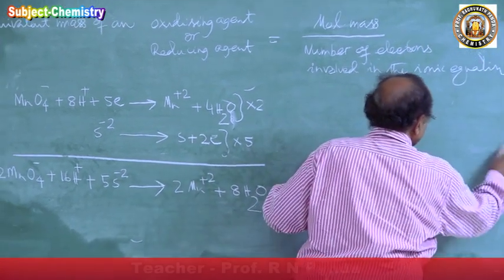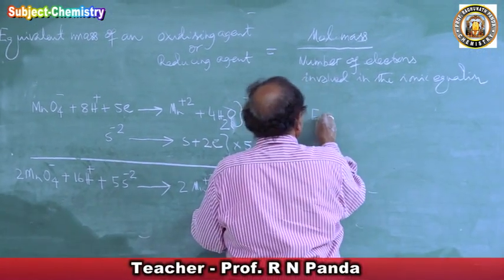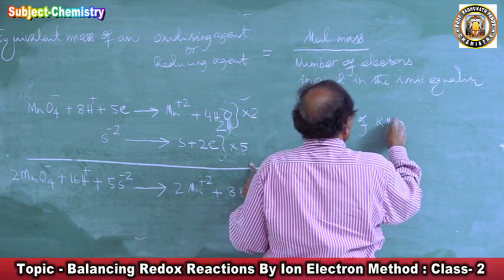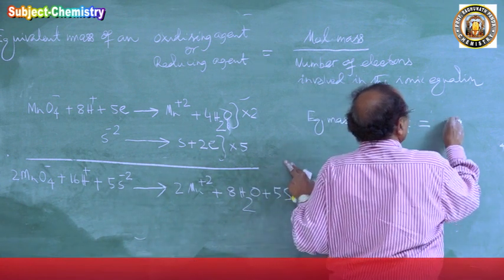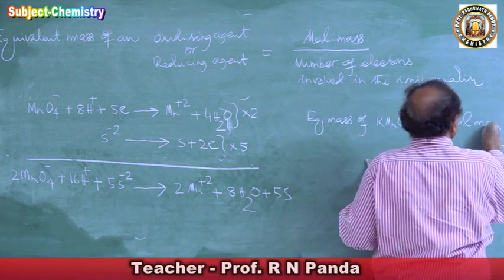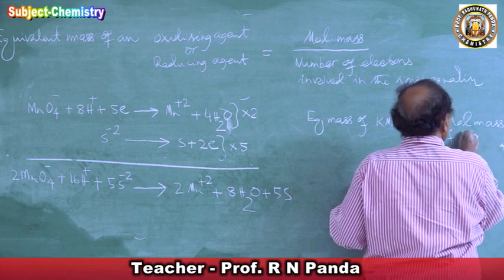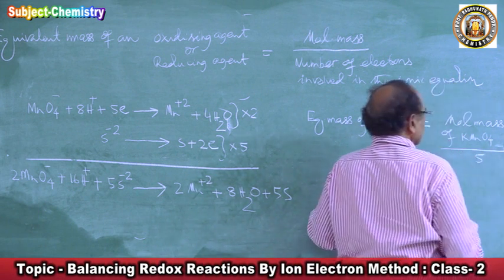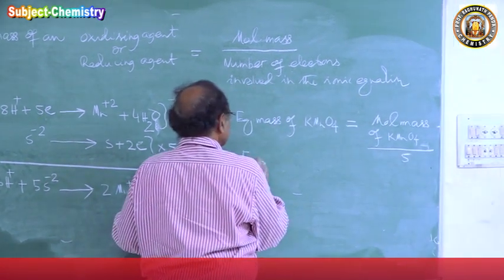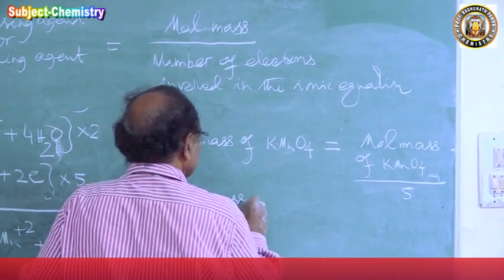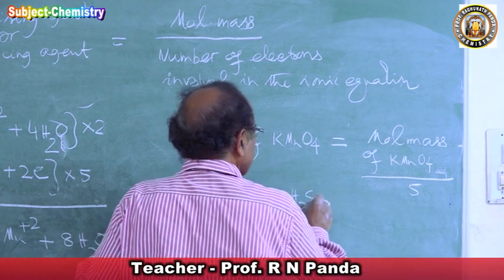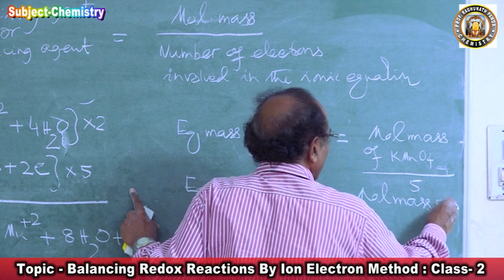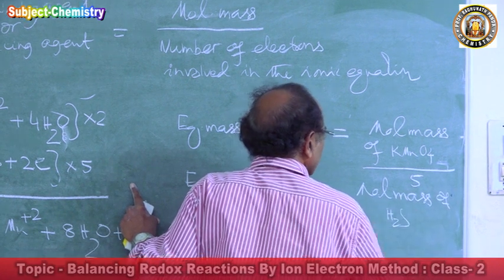So we'll say that the equivalent mass of KMnO4 is the molecular mass of KMnO4 by 5, and the equivalent mass of H2S is the molecular mass of H2S by 2.